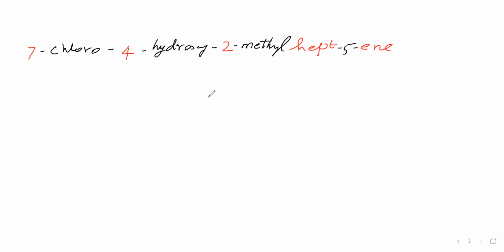Then we have to say the secondary suffix name. What is the name of the secondary suffix? That we will see. What will come under secondary suffix? The main functional group will come under secondary suffix. What is the main functional group?